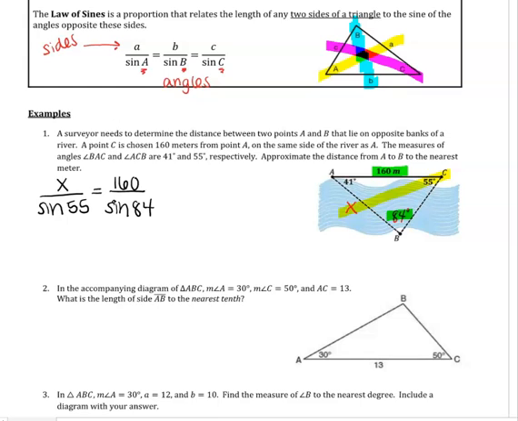So again, sides over the sine of the opposite angle. Now in order to solve for x, we're just going to cross multiply to start. So I have x times the sine of 84 equals 160 times the sine of 55. Now in order to solve for x, I would then just divide by the sine of 84.